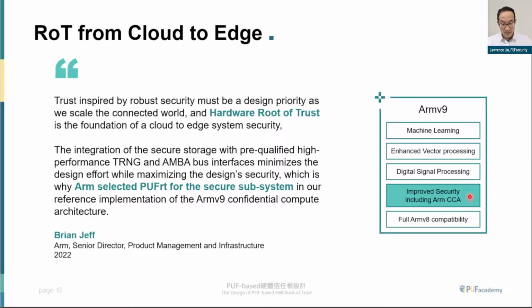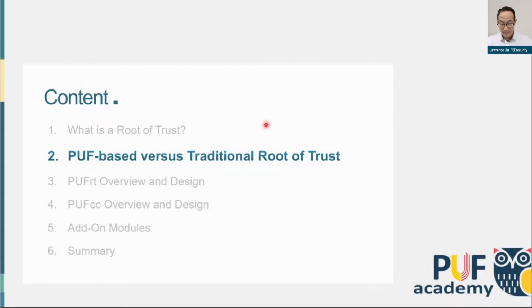And again, to emphasize the importance of being a hardware root of trust, we see in the quote here from Brian Jeff, he specifically uses the term hardware root of trust, not just root of trust. So that's basically background on roots of trust.